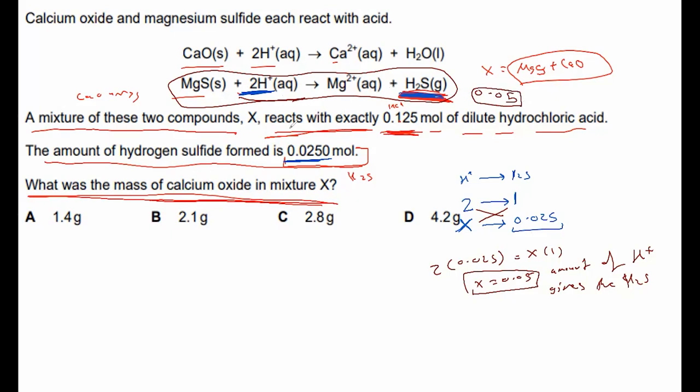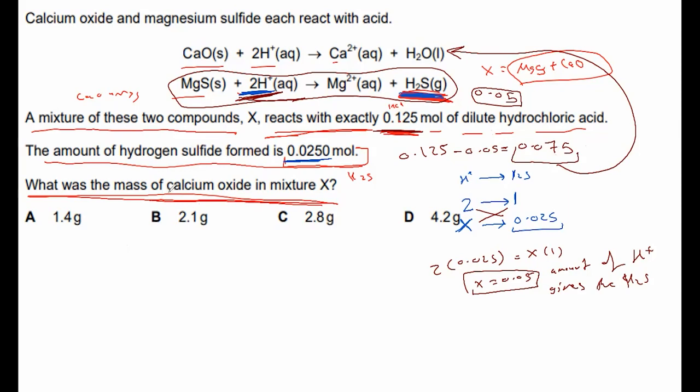And the whole amount of HCl reacted is 0.125. So we say 0.125, the whole amount we have, minus 0.05 required to react here. This will give us 0.075. So this is the remaining H plus that has been used in the first equation.